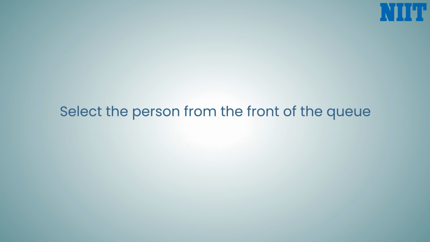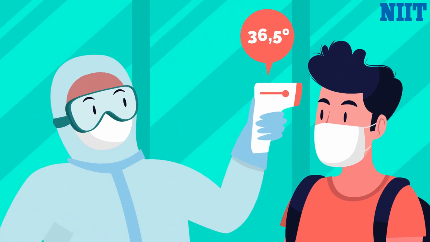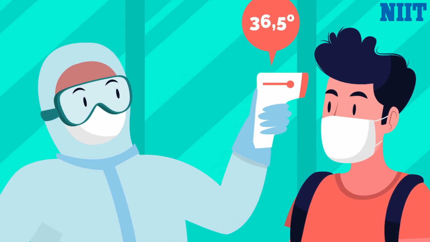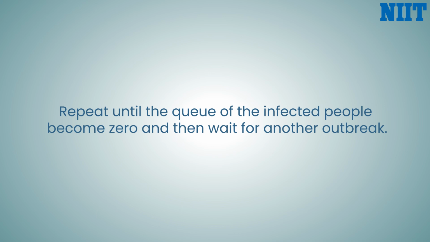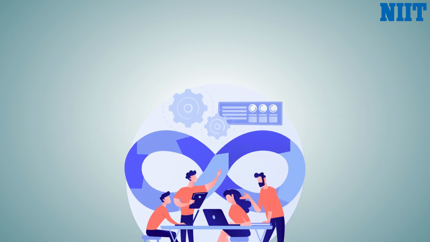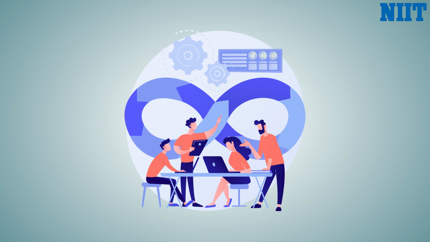Now after processing a given person, select the person from the front of the queue and apply immunization if needed. Get all their previously unvisited contacts and then test to see if they are infected or not. Repeat until the queue of infected people becomes 0 and then wait for another outbreak. This is a bit iterative, but it's an iterative way of solving a recursive problem.